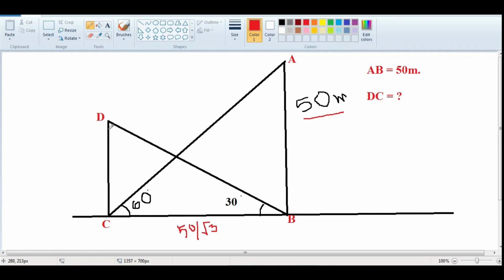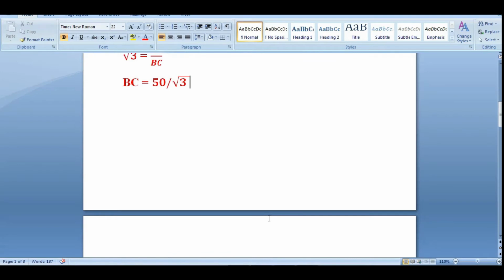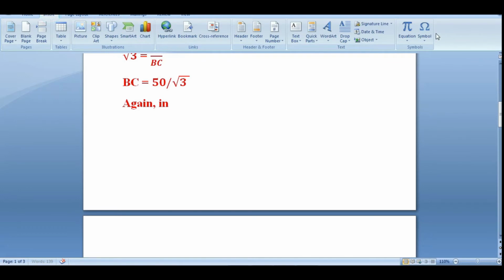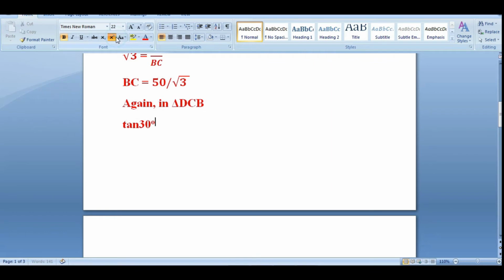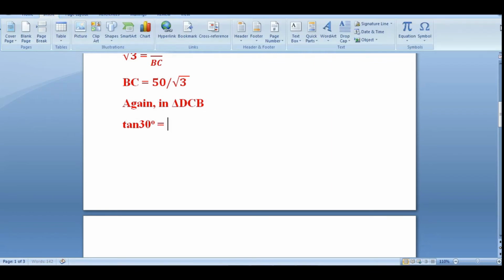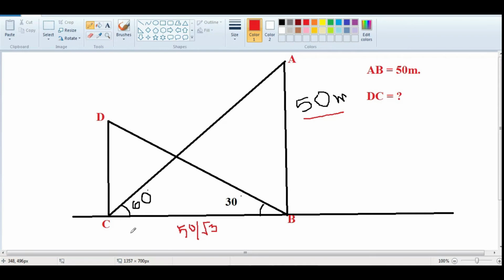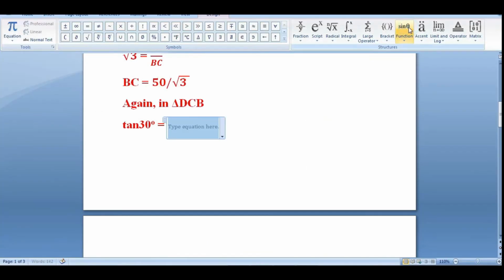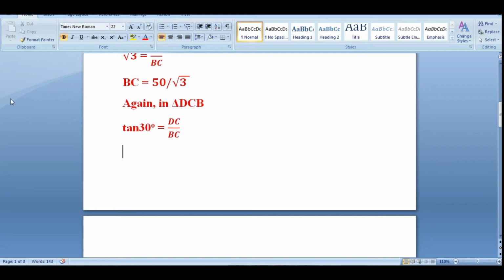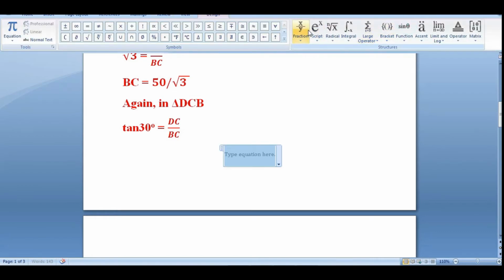Now again in right angle triangle DCB, tan 30 degrees is DC by BC. It's 1 by root 3.